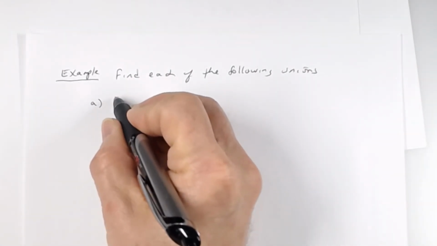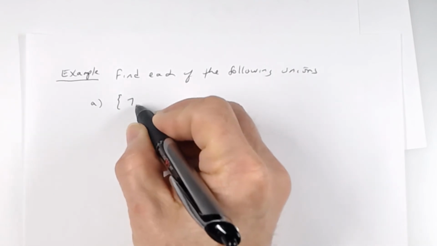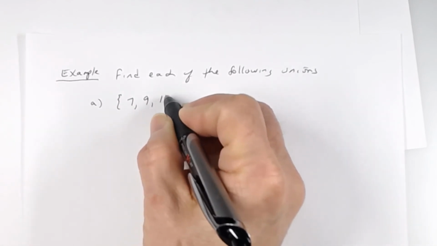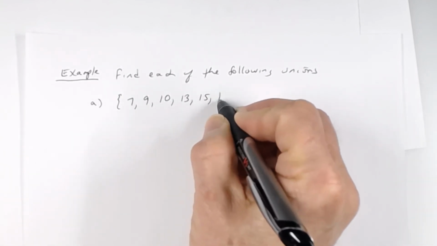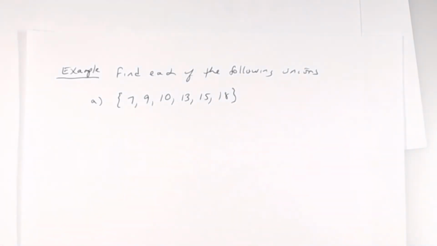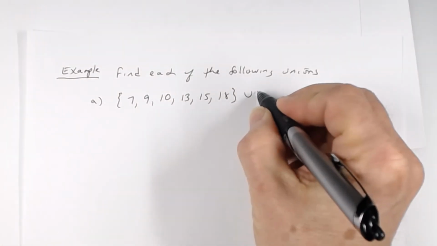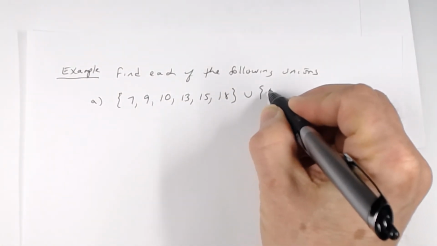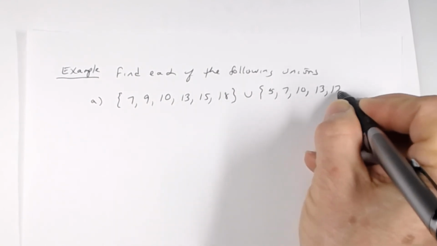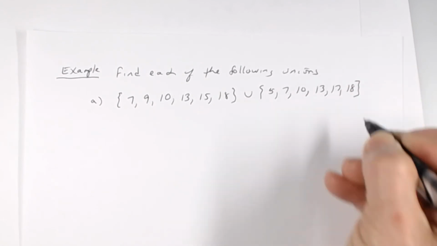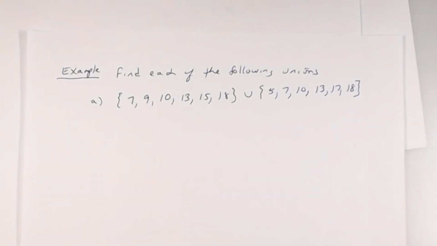Letter A. 7, 9, 10, 13, 15, 18. That's one set. Union 5, 7, 10, 13, 17, 18.